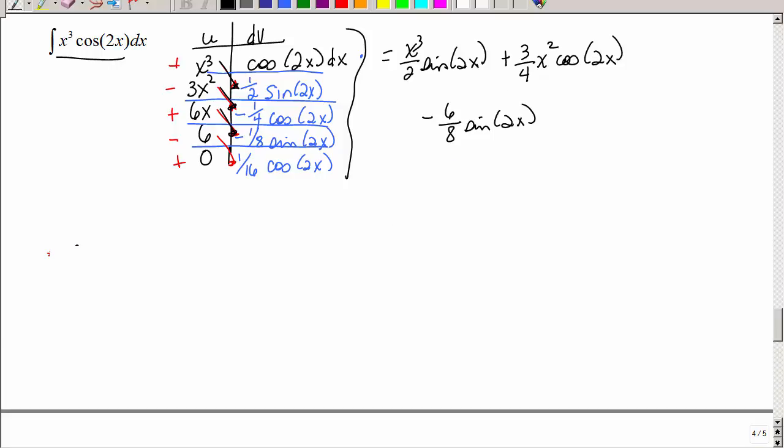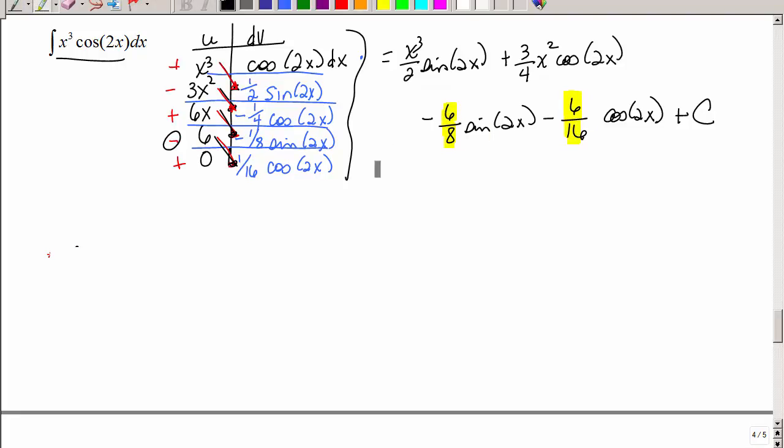And we should write that as negative 3/4. And then this minus times that, that's going to be minus 6/16 times the cosine of 2x plus that c. So again, it'd be nice if you went back and reduced those fractions, but not that big of a deal. I am just going to go ahead and rewrite this.